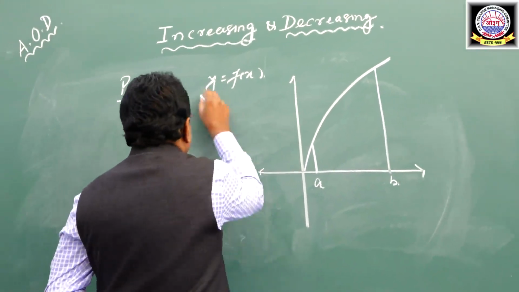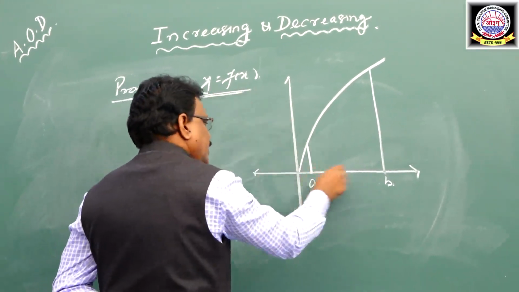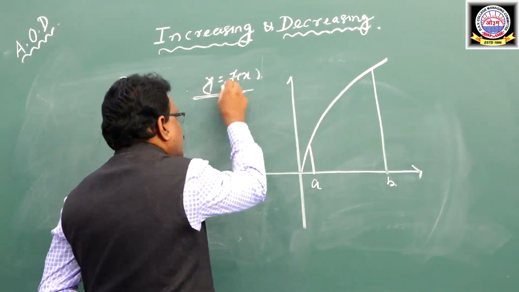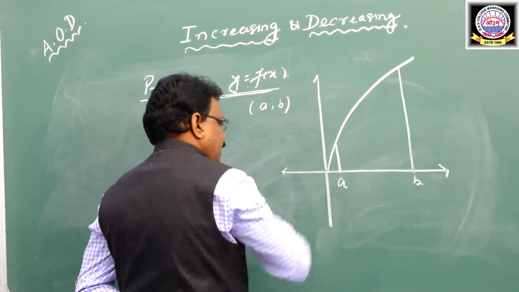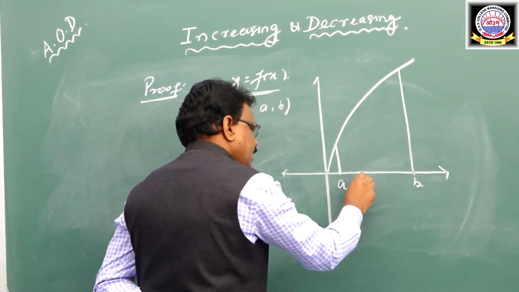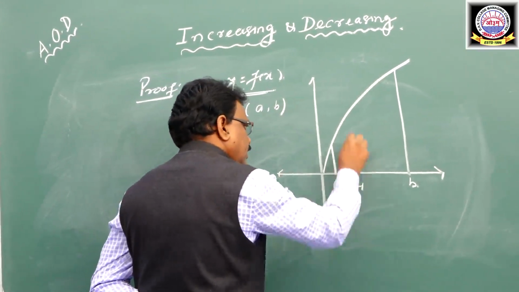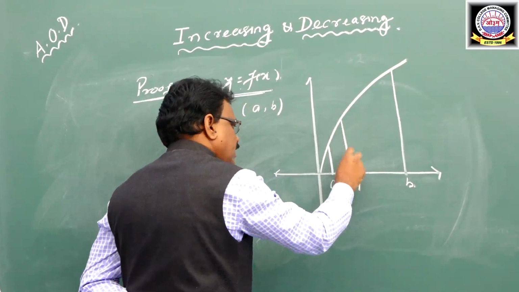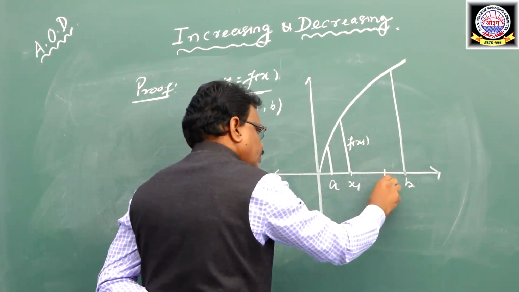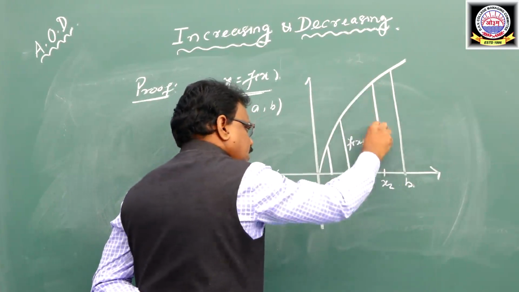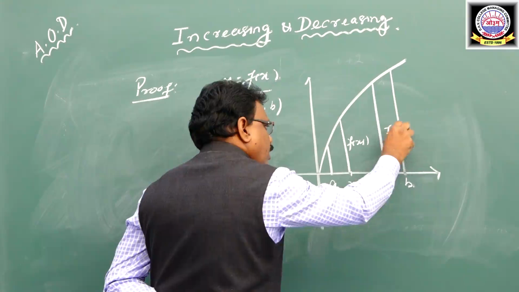That means we are going to show within the interval for the function y is equal to f of x, and I am choosing the interval a comma b. Suppose I am taking a point x1 here, and this is the corresponding f of x1. I am choosing x2 here, this is the corresponding f of x2.